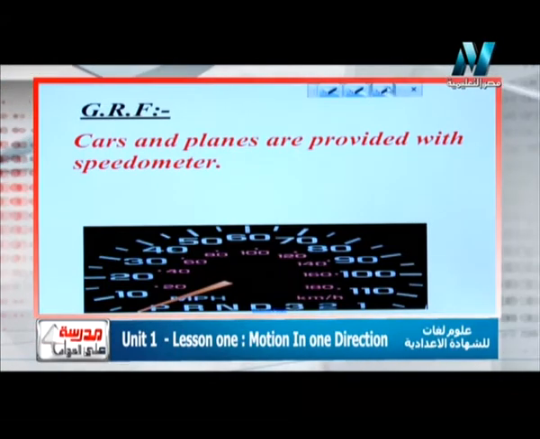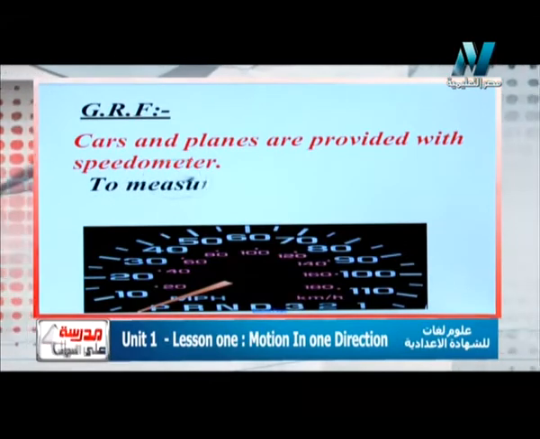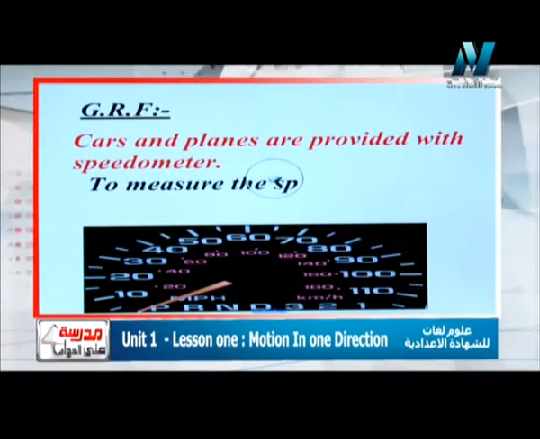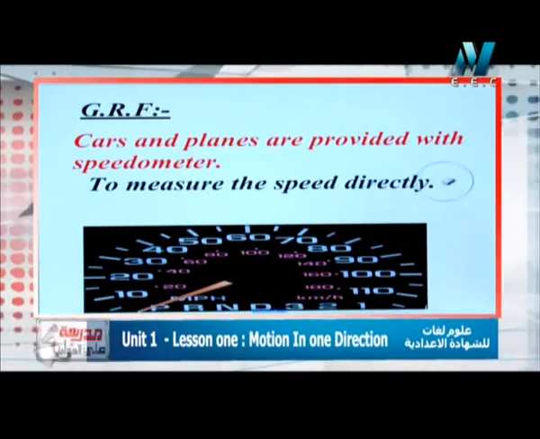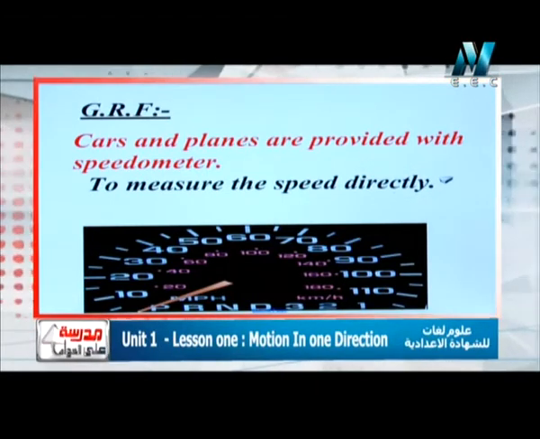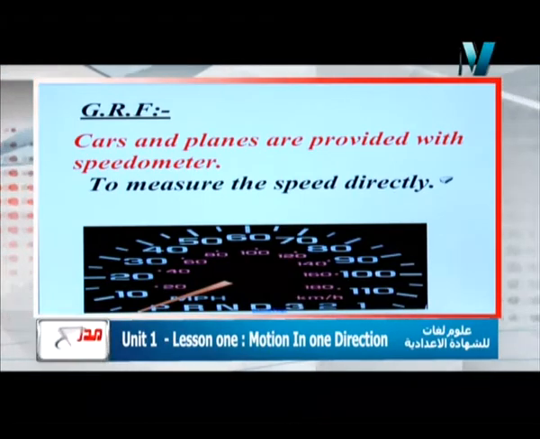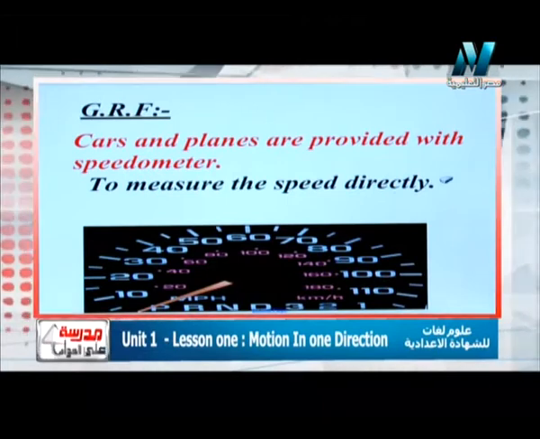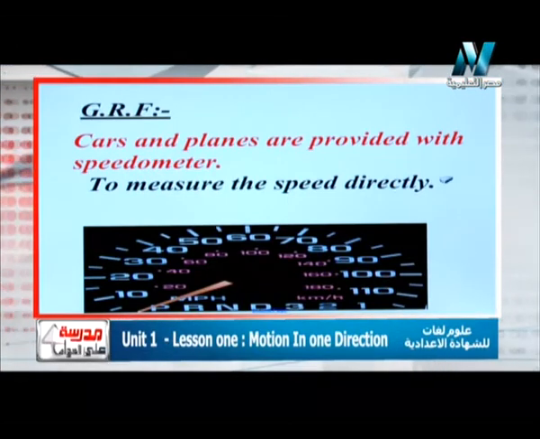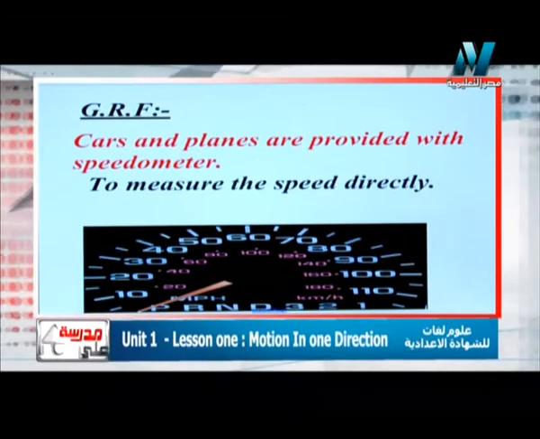Give reason: to measure the speed directly عشان يقيس السرعة مباشرة. أنا مش هجيب paper pen with calculator to calculate the speed by distance over time. We have a device that calculates the speed directly in cars and planes.